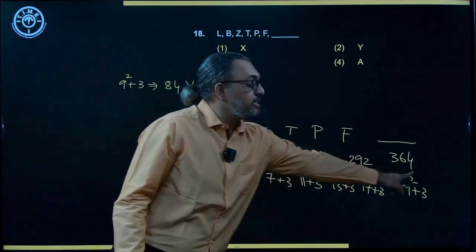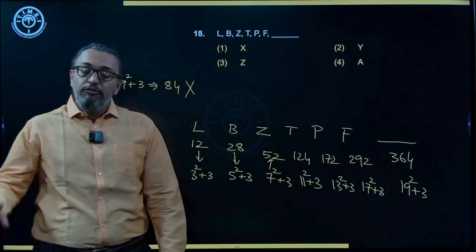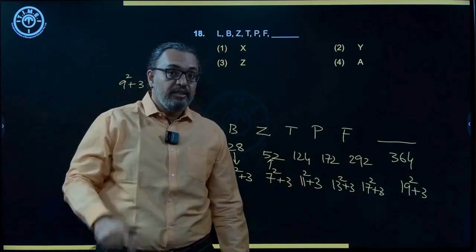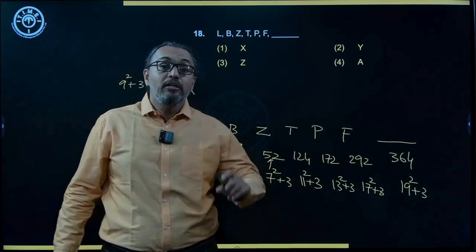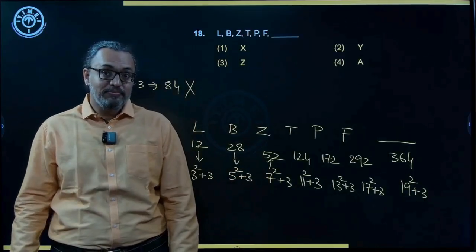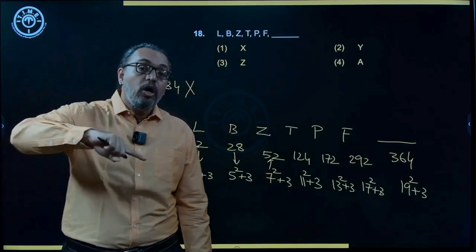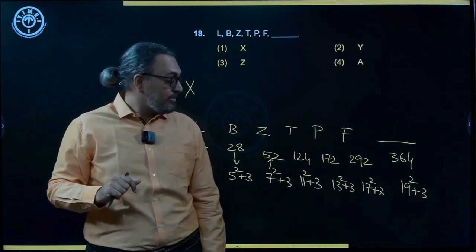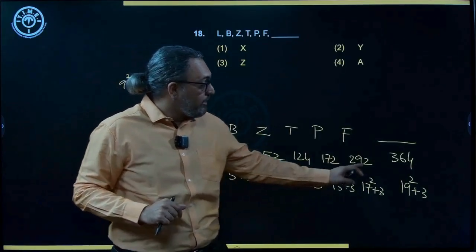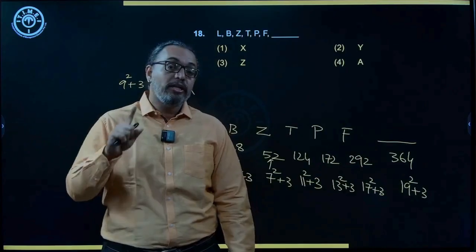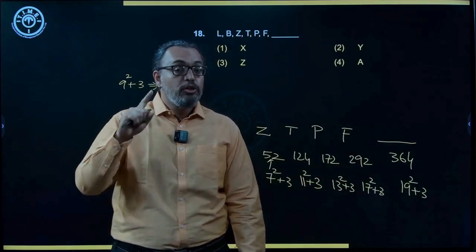Understood? So what is 364th alphabet? We know that 104 is Z. Another 104 you add. 208 is also Z. Now 208 plus, if I add 52, 208 plus 52 is how much? 260.